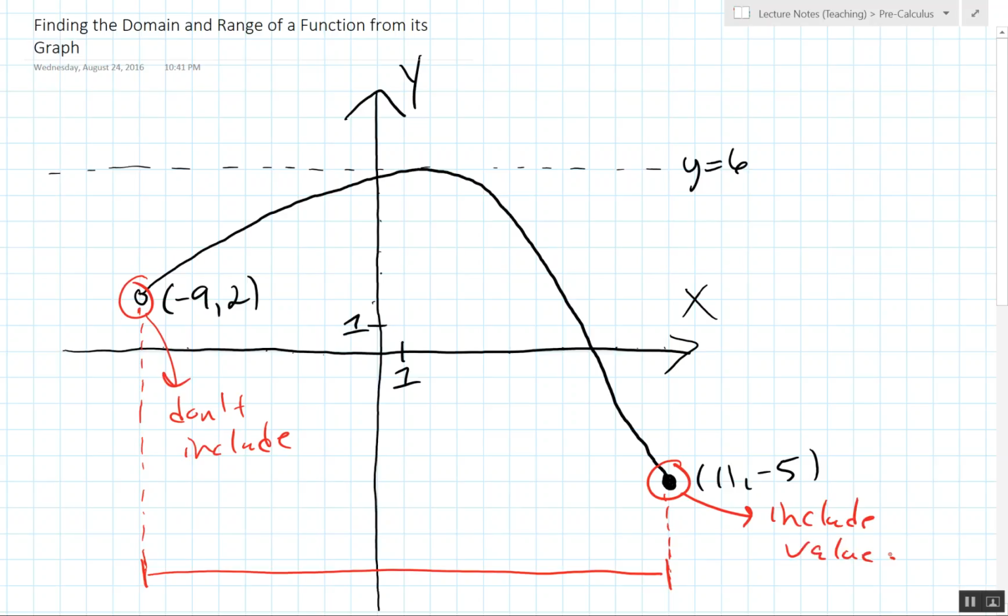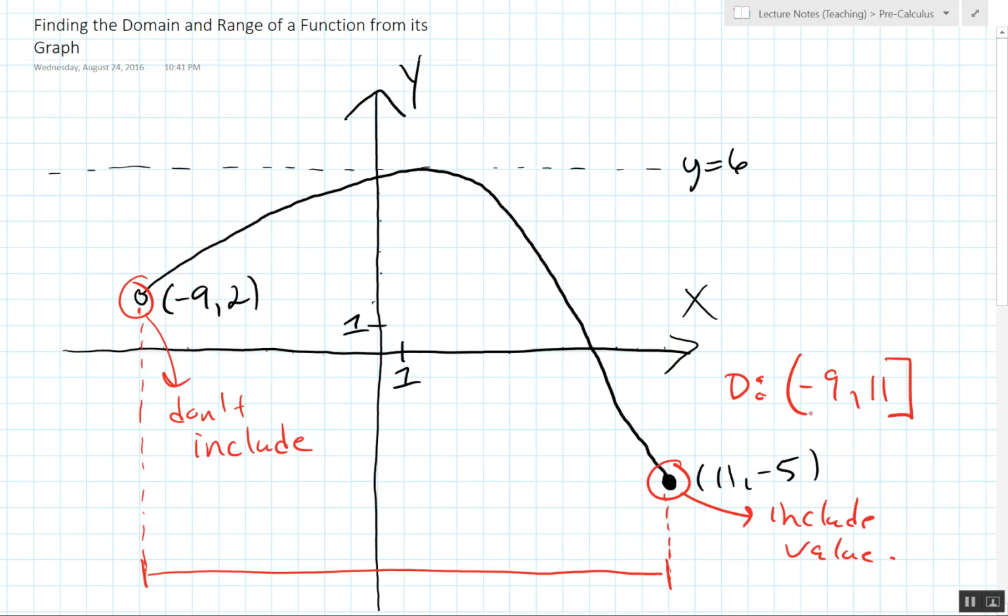So for the domain here, our domain, which I'm just going to abbreviate D, is the interval, open bracket, negative 9, since we don't include that value. And we go all the way to positive 11, which we do include, so we put a closed bracket there. And so our domain goes from negative 9 to positive 11.